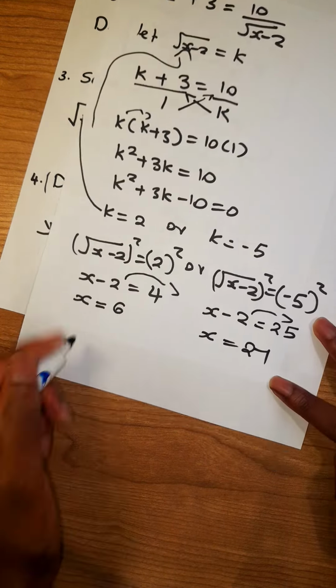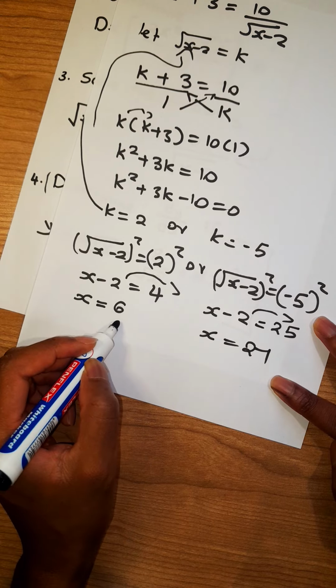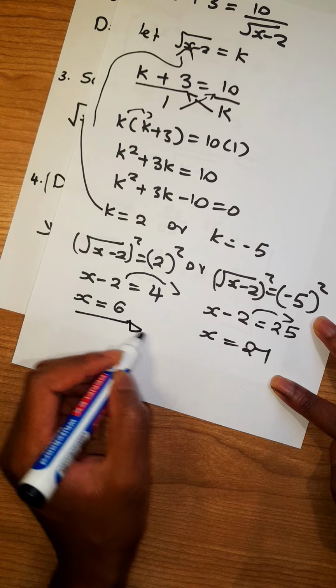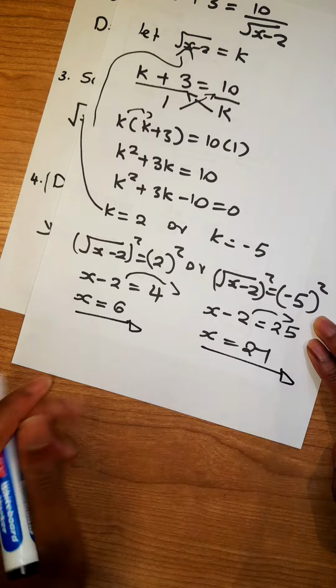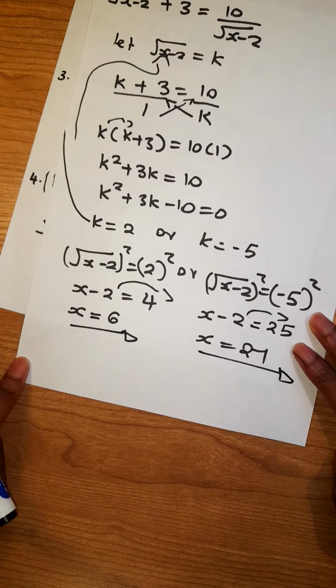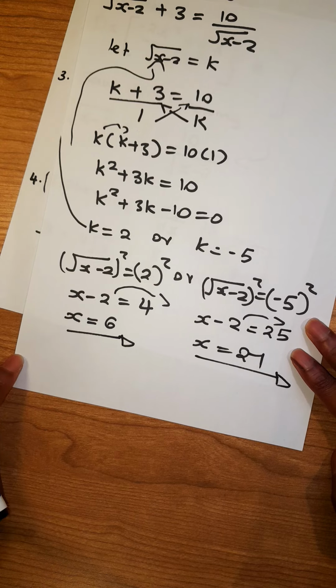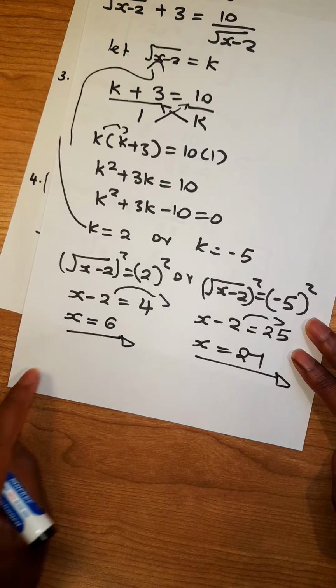However, this question doesn't normally end here. The last step that you need to do is to check which answer between the two is technically correct. So what you do is you want to check which value of x is actually real.